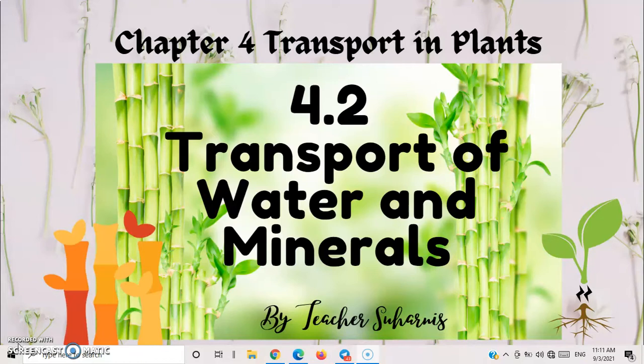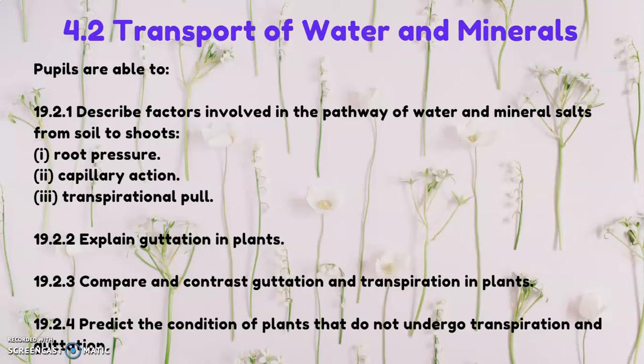For today, we are going to discuss how water is moved through the xylem to the plant stems and then reaches the leaf of the plants. Before that, let's go to the learning standards that you have to cover for today. There are 4 learning standards.